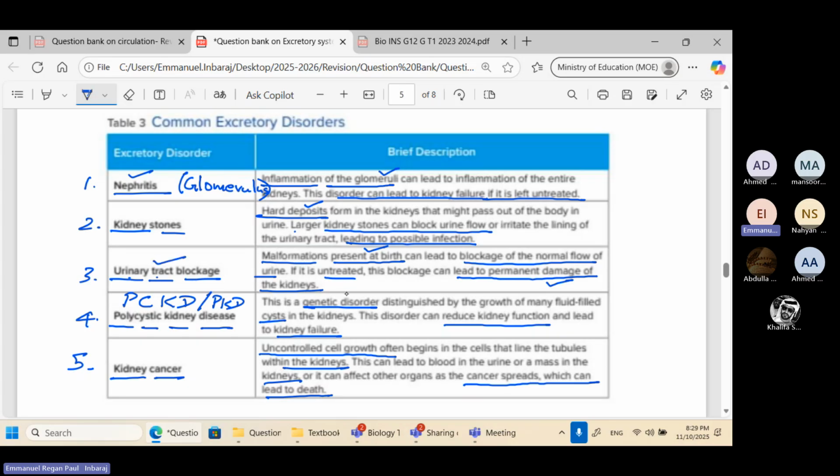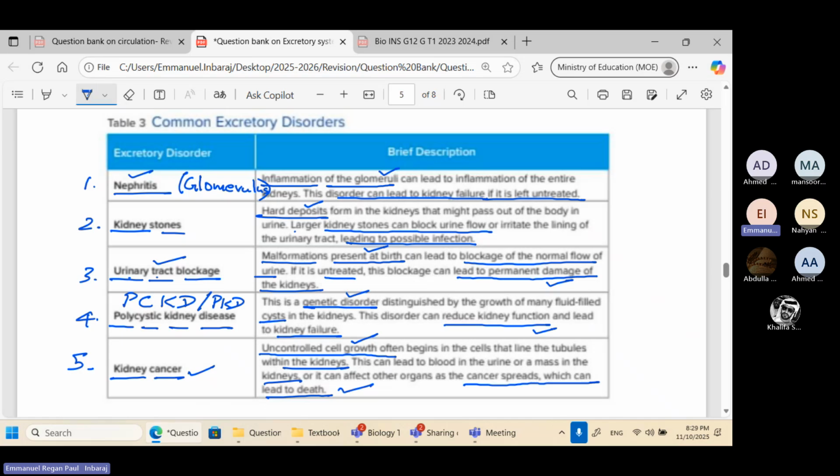If they say it is a genetic disorder that reduces kidney function and leads to kidney failure, then it is PKD, polycystic kidney disease. If they say uncontrolled cell growth, the cancer spreads and leads to death, then you should remember that it is kidney cancer.